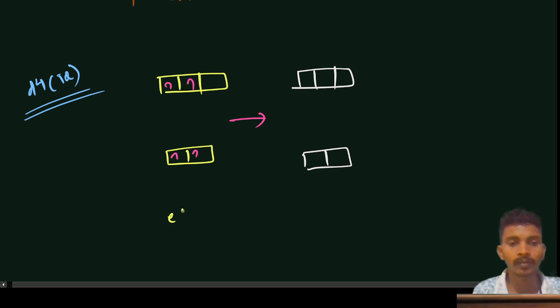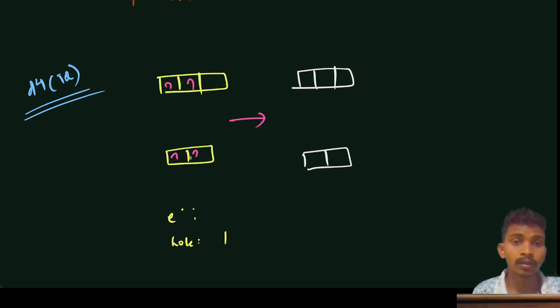So I will talk about electrons and holes. Okay, if I talk about a hole, then one hole is possible, and if I talk about electrons, then 2 electrons are possible. So I will talk about a hole. So one hole transition is happening from here to here.